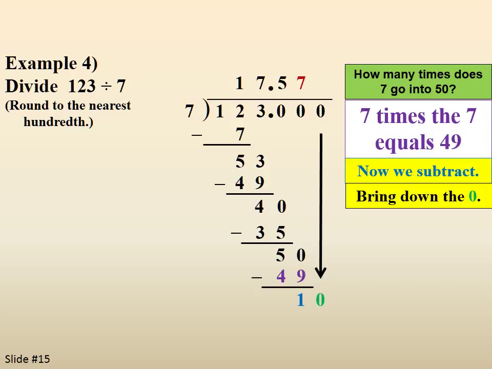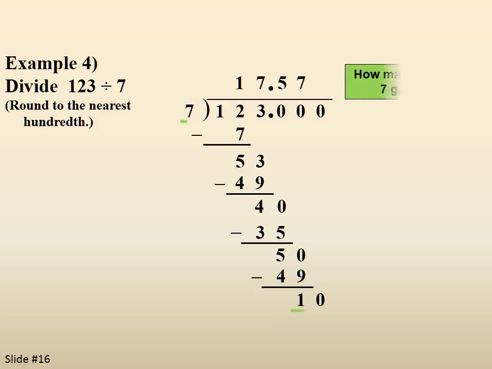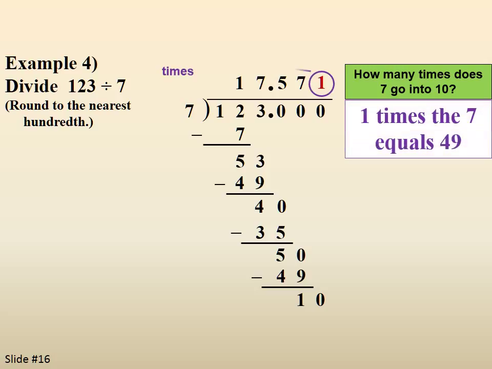That's our last 0. It's going to be our last chance to see if there's a 0 remainder, or we're just going to stop because we're going to round. Because those were the instructions. 7 goes into 10 one time.